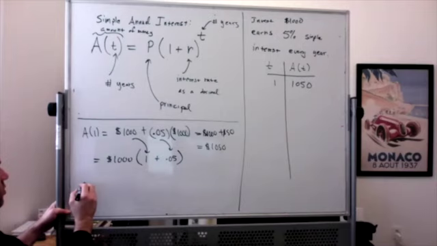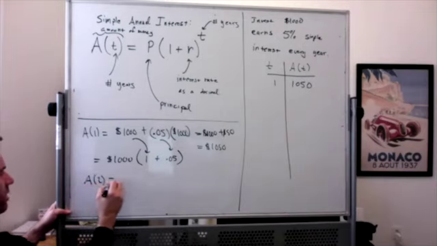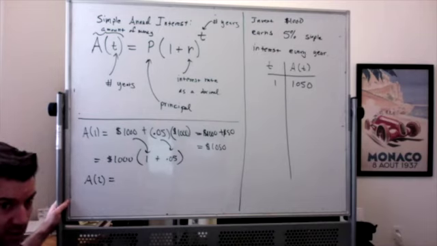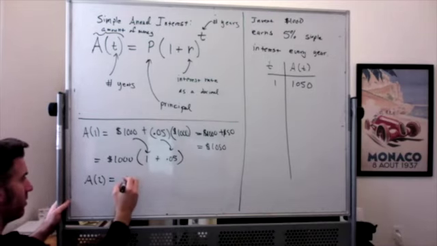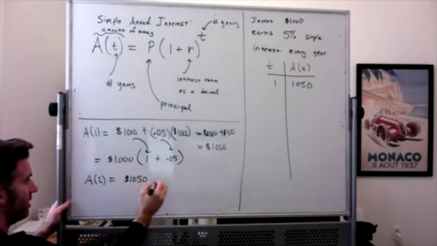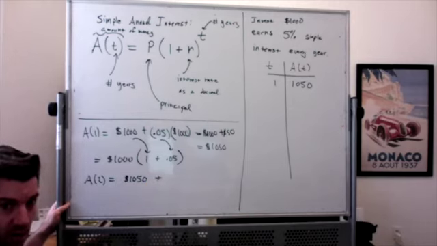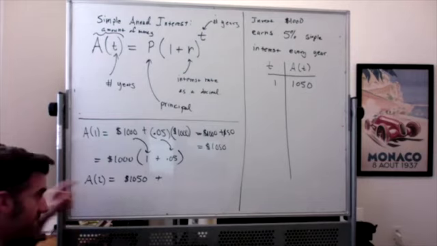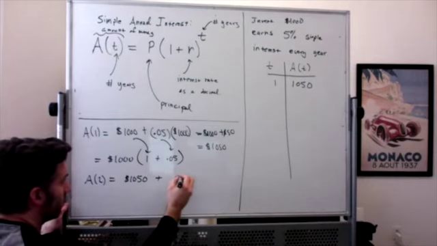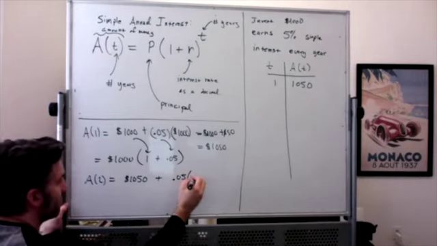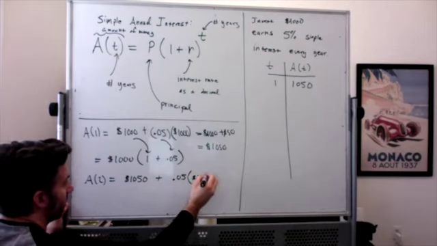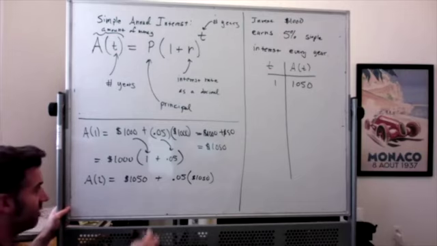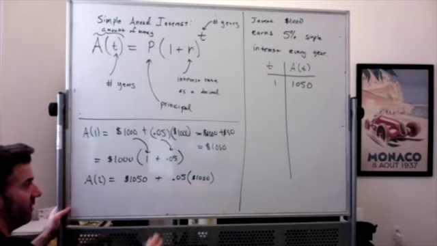So if we did it for 2 years, what's happening here is we're starting off with $1,050 at the beginning of year 2. And then at the end of year 2, we're going to have earned 5% interest on this amount that we had in the bank. So we're going to get 0.05 times 1,050. Well, the same sort of thing is going to happen. I can factor out the 1,050.